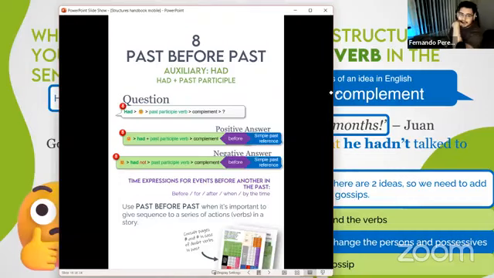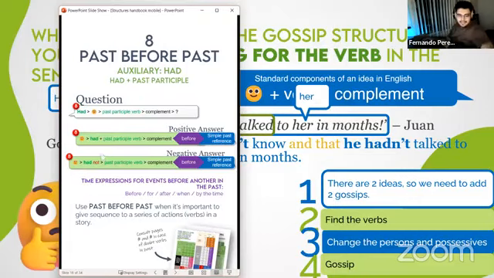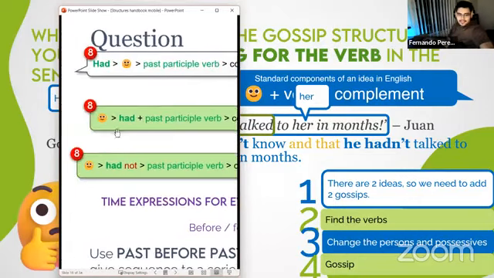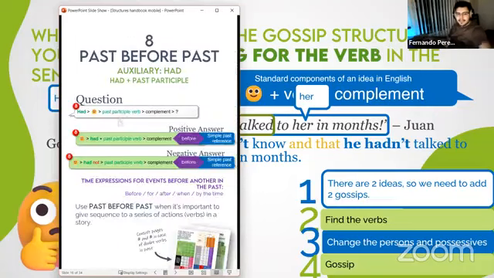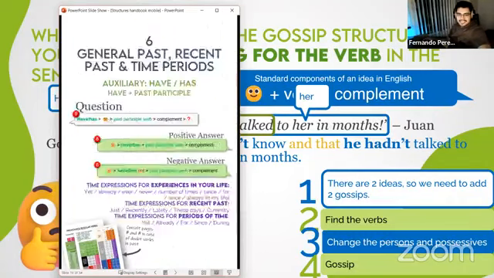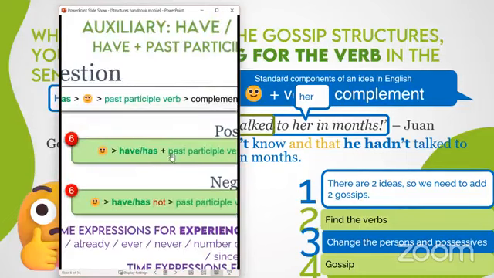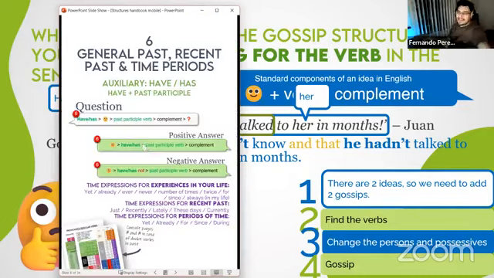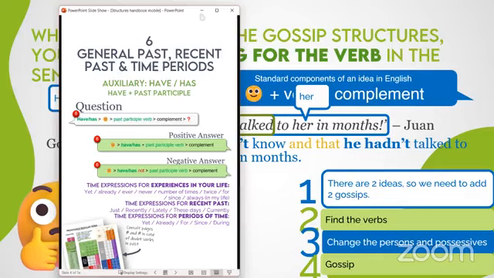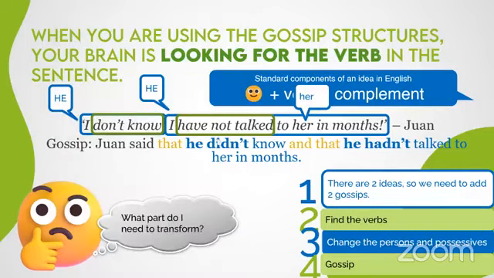Look at how auxiliary had is used in structure number 8. But if you go to structure number 6, it's have. See? They are different. Very different. One occurs in the present and the other occurred in the past. That was your question.